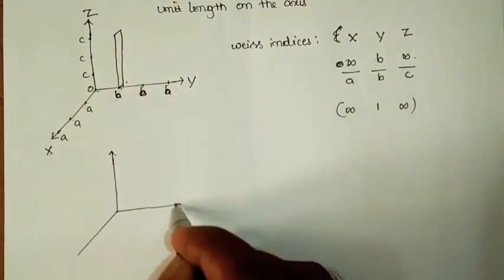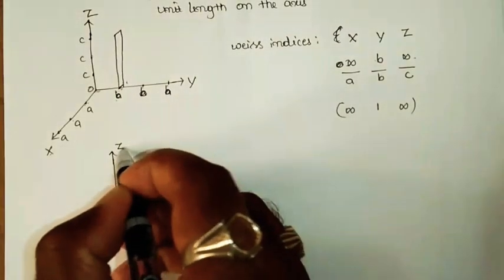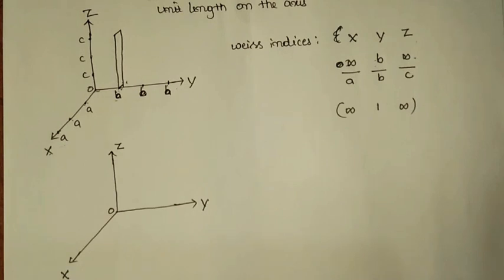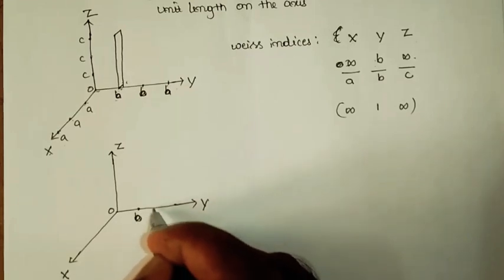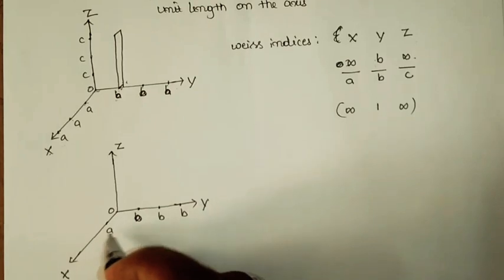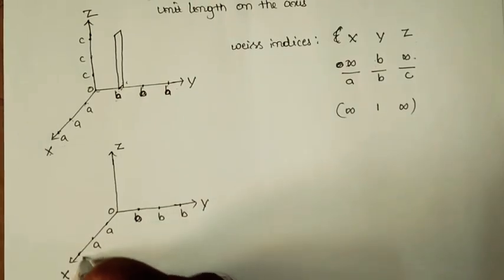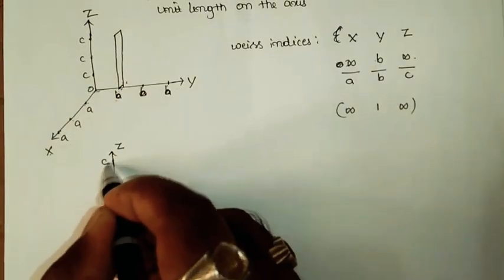So once again, along the x, y and z axis, with unit lengths a, a, a, and b, b, b, and c, c, c.